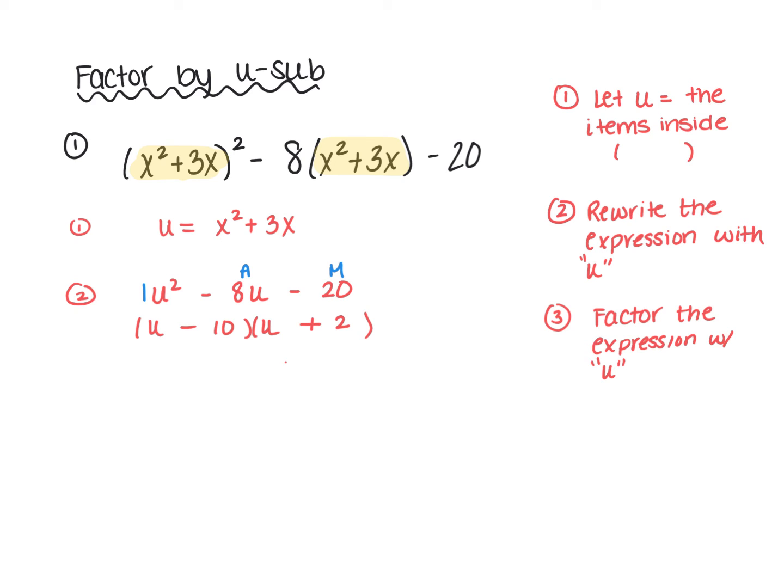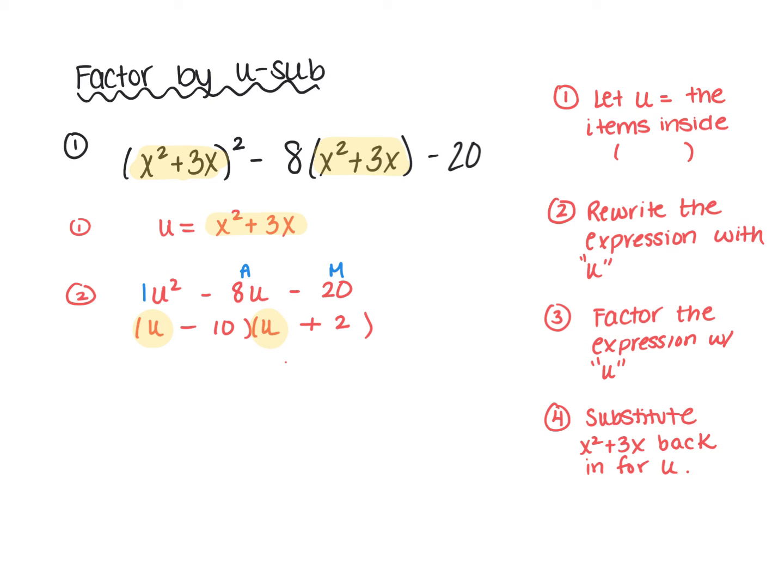So after we factor the expression using u's, step 4 is to substitute the x squared plus 3x back in for u. Now with every problem this will change. This x squared plus 3x might be something else, but for now we're going to substitute these x's back in for u. So since I let u equal x squared plus 3x, I'm going to put it back here.